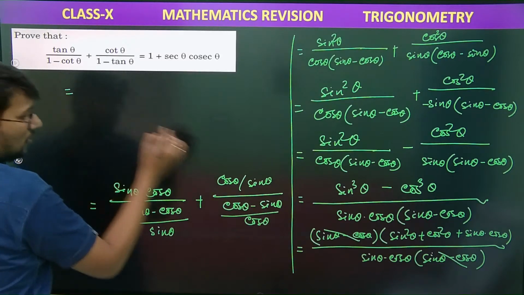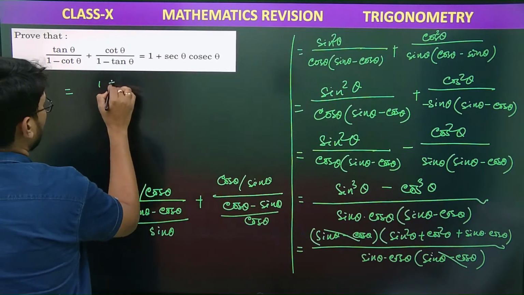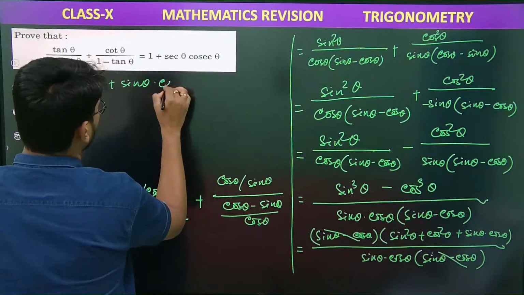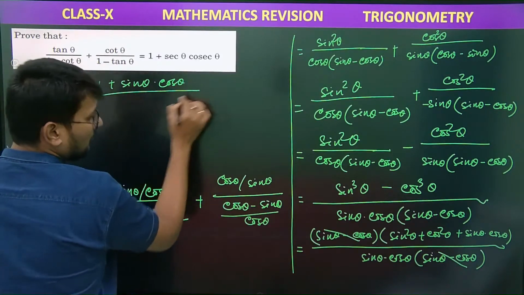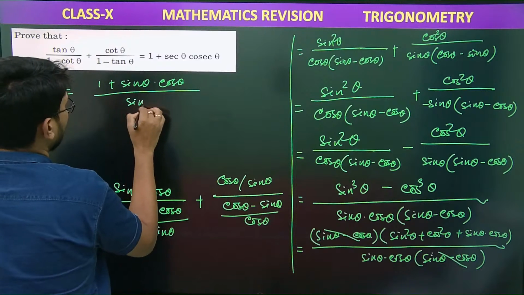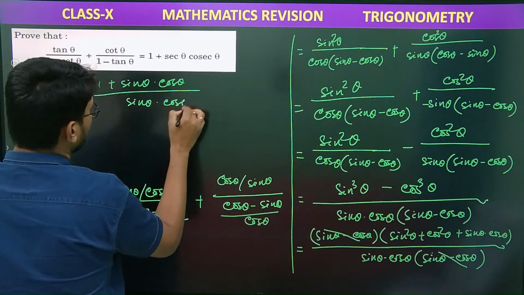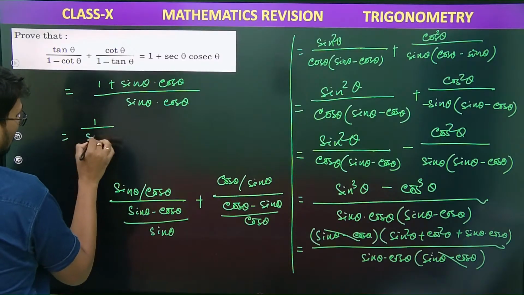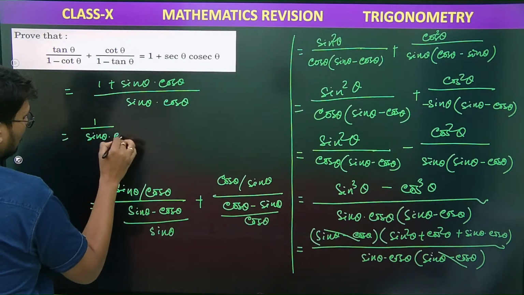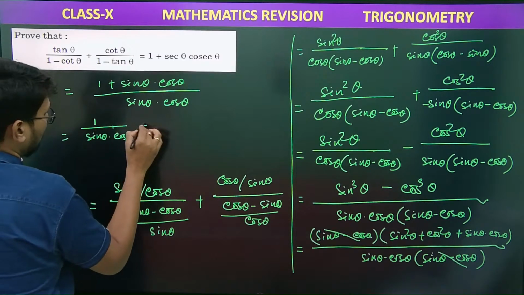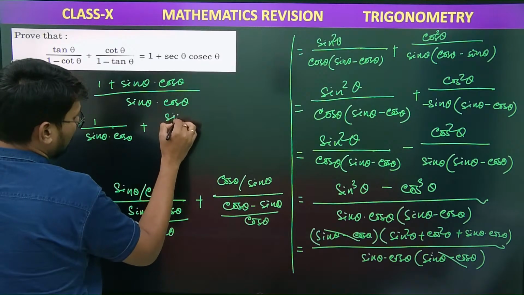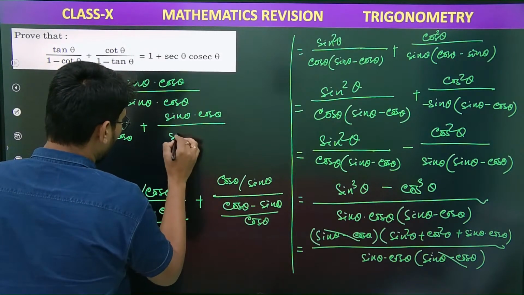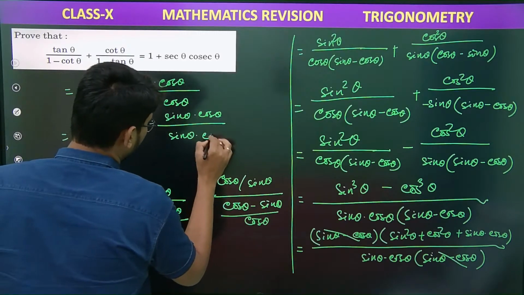It became what? 1 plus sin theta into cos theta by sin theta into cos theta. Hence 1 by sin theta cos theta plus sin theta cos theta divided by sin theta cos theta.